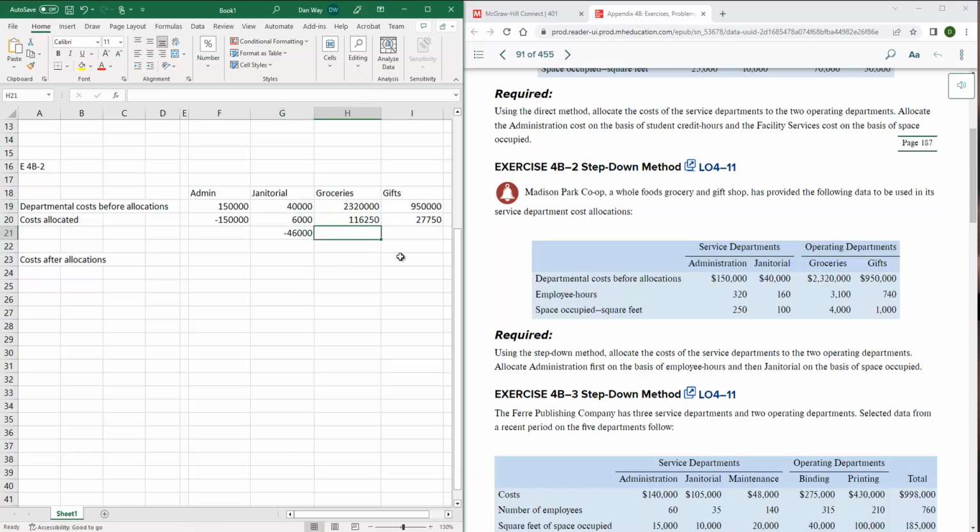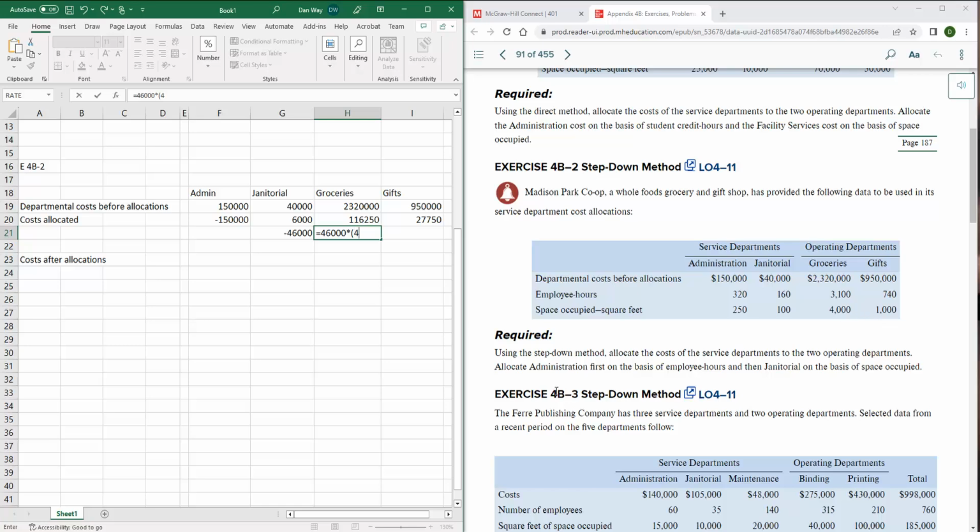Now janitorial costs were allocated on the basis of space occupied. So I'll take my total 46,000 times the relative portion of the square footage occupied in groceries relative to the total allocation base, which would just be the two remaining departments, groceries plus gifts.